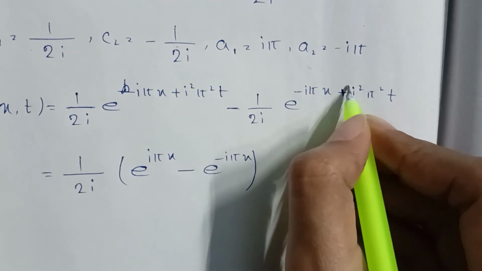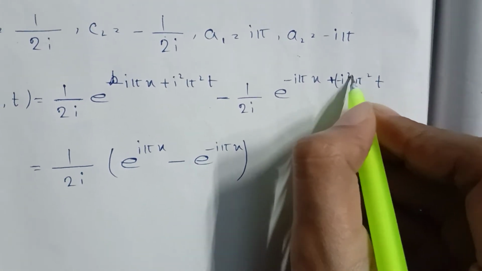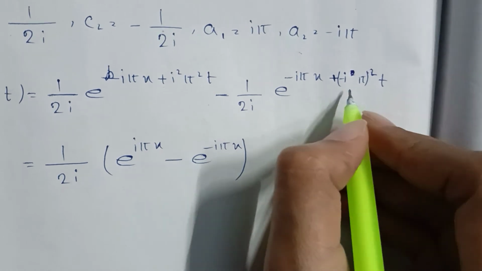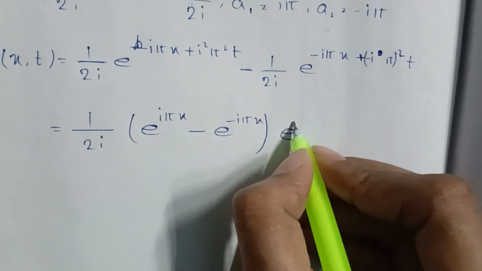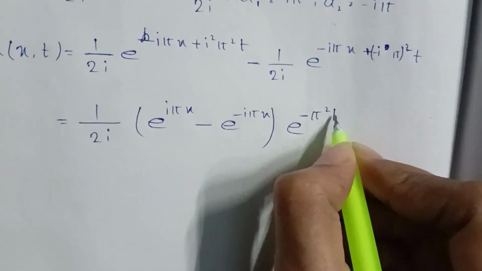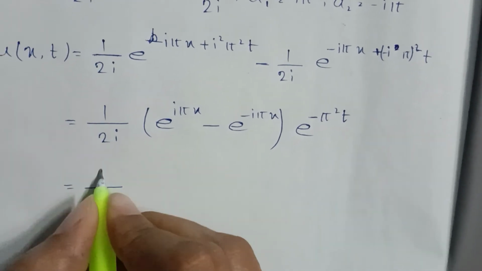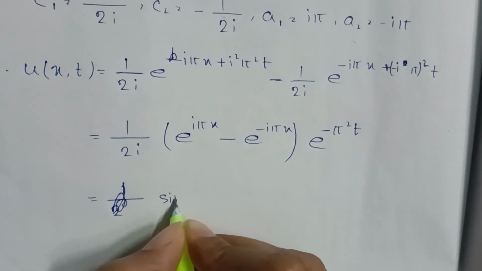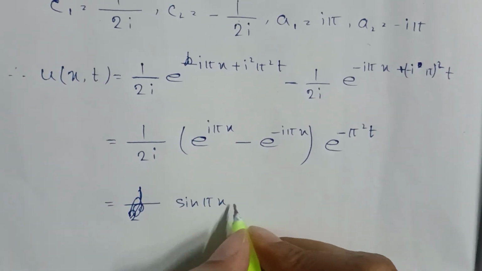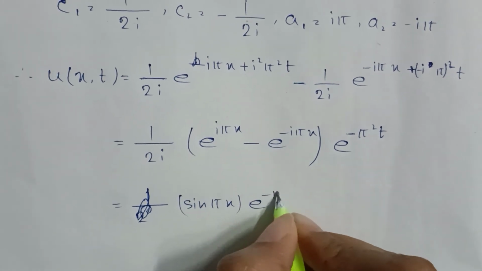Here we write i squared as well. You can take this minus i pi whole square, which is i squared again. So e to the power minus pi squared t. This is equal to sine pi x into e to the power minus pi squared t.